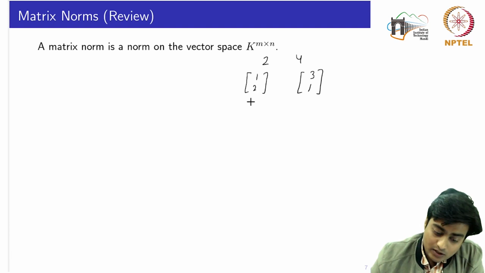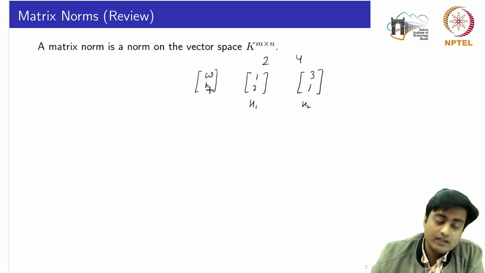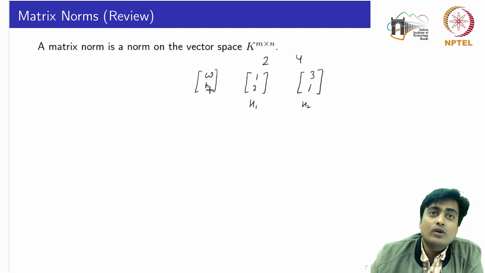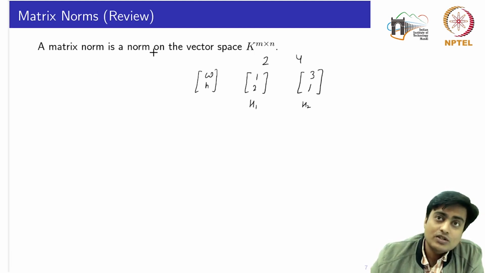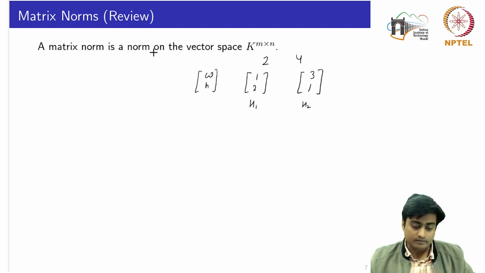So let's say here are two humans, H1 and H2, whose width and height are given in this format. If we want to know the size of the human for comparison purposes, how can we make this comparison? Because here we have two numbers. So the idea of the norm is to obtain a scalar value either for a vector or a matrix, so that you can compare two or more of the matrices or the vectors.